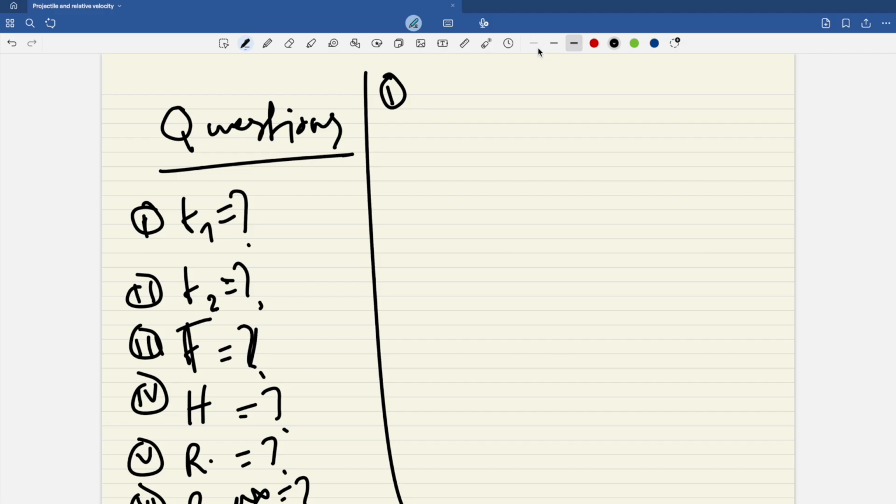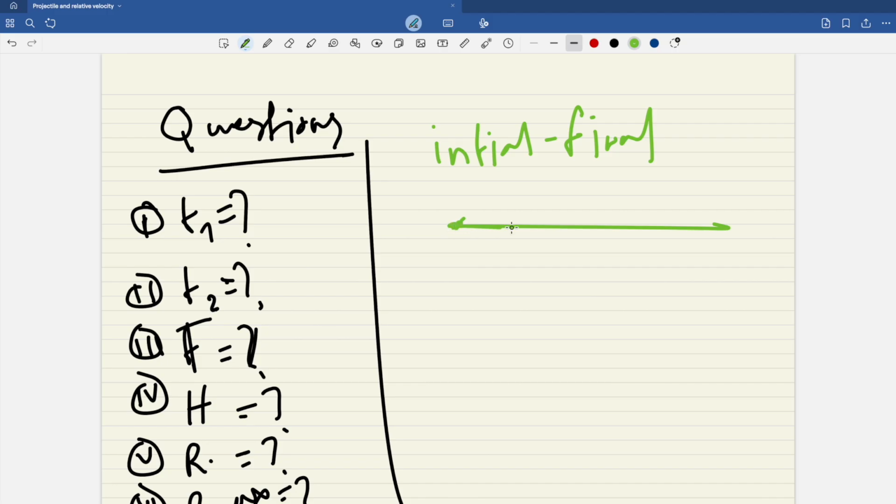Before answering those questions, I really want to explain one very important concept, which is the concept of initial and final. The initial-final concept at a linear point is that if we draw a line and consider this to be the initial point, then automatically the other point of this line will be considered the final point.